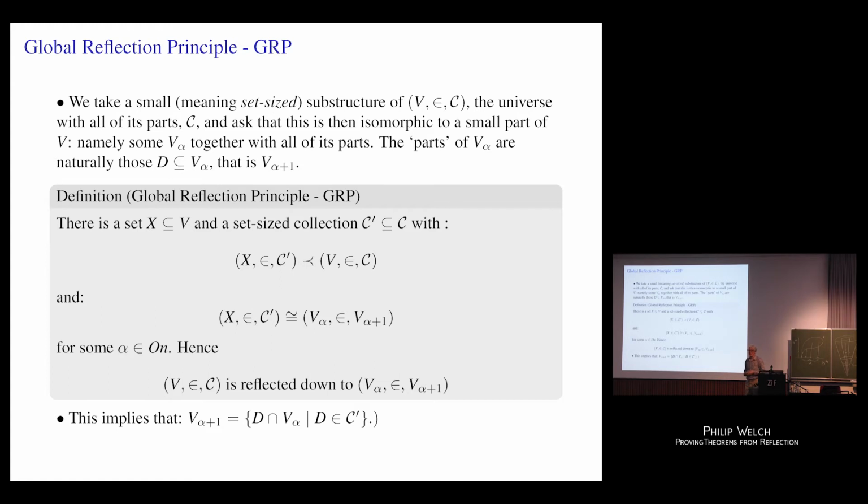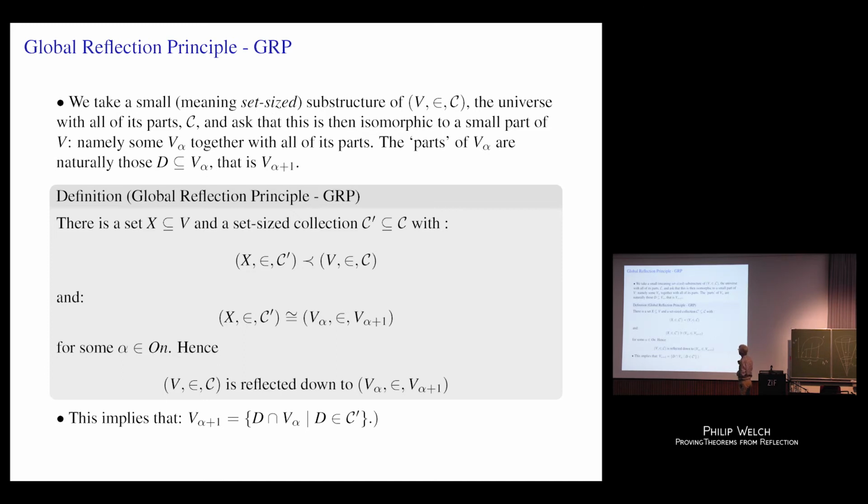So there are shades of a higher order process going on here. So we'll take this structure and think that there's a set-size substructure here. So there's a small part of the universe that reflects the truth of the matter about V with its classes.